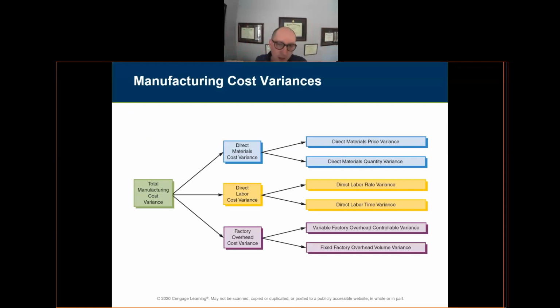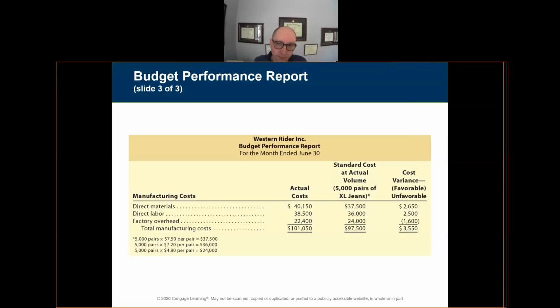What we learned on this particular part is the cost variance, the difference between the actual and the standard, and we did that for direct materials, direct labor, and factory overhead.